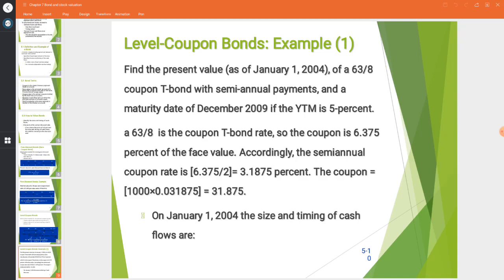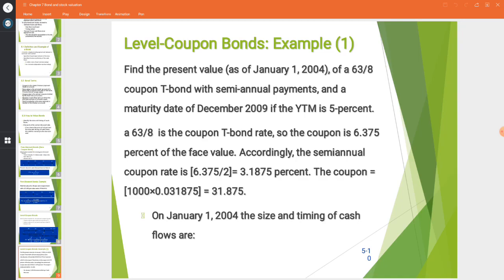This is a coupon T bond with a semi-annual payment. The maturity date of this bond is December 2009, and the YTM of this bond in the market is 5%.